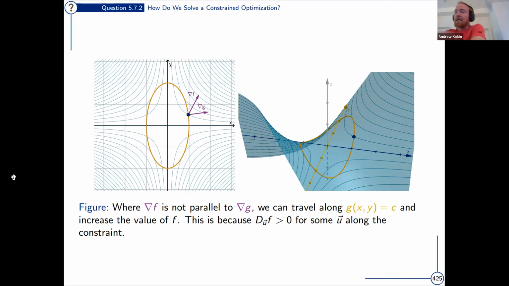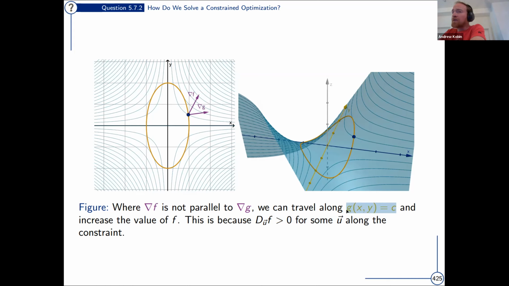More generally, if we define a constraint function g and set it equal to a constant c, and then we look at the points x, y that satisfy this constraint and also lie on the surface f, or z equals f of x, y to be more specific, then the gradient vector of f, which is perpendicular to all level curves, will also be perpendicular to this cross section, g equals c.